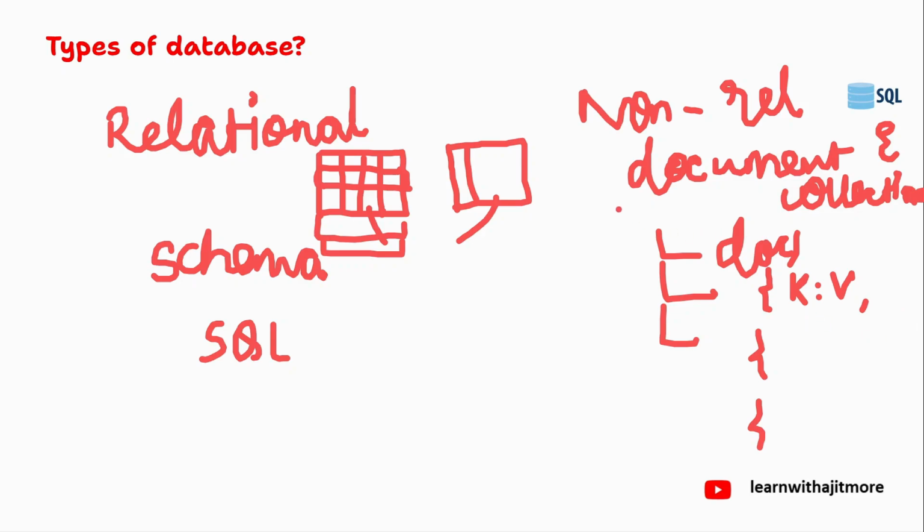To interact with this, there is no SQL. Therefore, they say not only SQL. Every non-relational database gives its own libraries. MongoDB gives its own library, and Firebase has its own library for adding a doc, deleting a doc, retrieving all the docs.